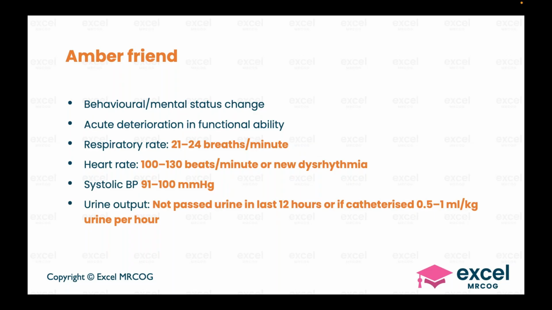It was less than 0.5 previously, here it is 0.5 to 1. So to repeat, respiratory rate is 21 to 24, heart rate is 100 to 130, systolic blood pressure is 91 to 100, and urine output is between 0.5 to 1 ml per kg per hour.